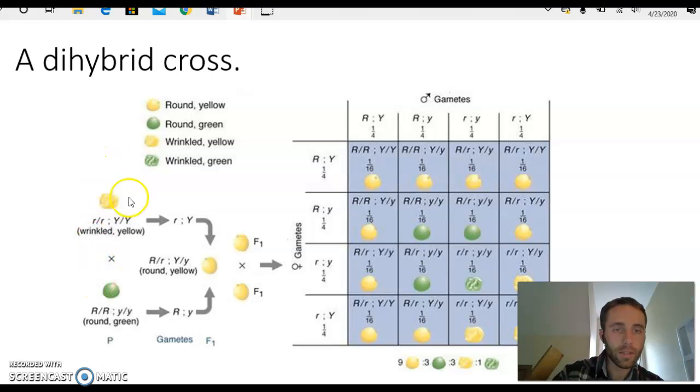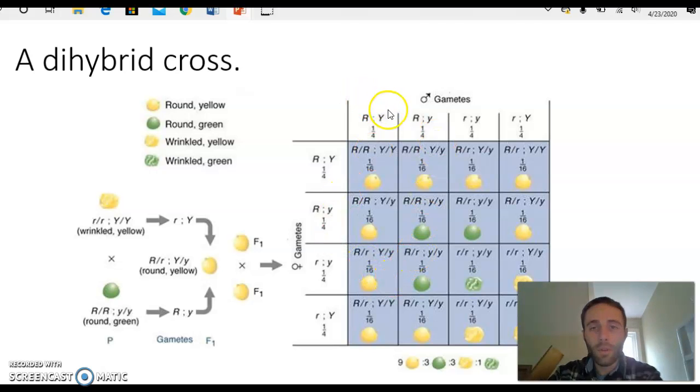When I cross these two, which are both homozygous individuals, I get these hybrids that are heterozygous for each trait. So you can see this individual has the dominant for round and the recessive for wrinkled, and the dominant for yellow and the recessive for green. Then I cross these hybrids, and this is the pattern that I get over here.